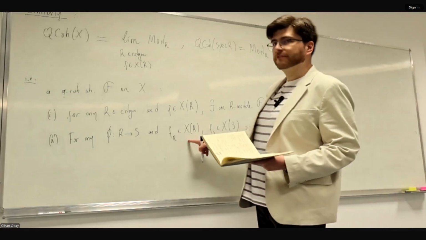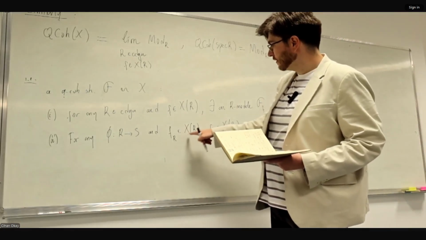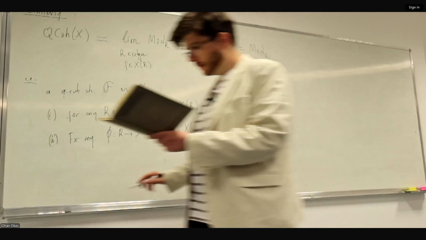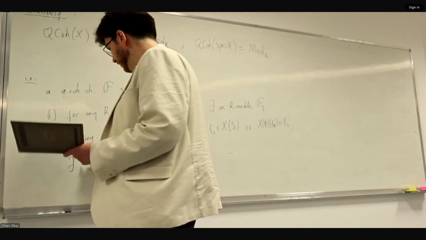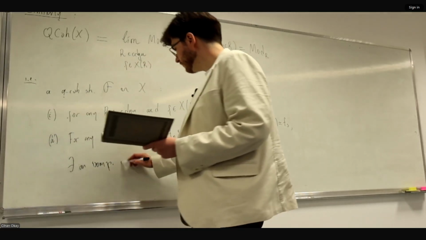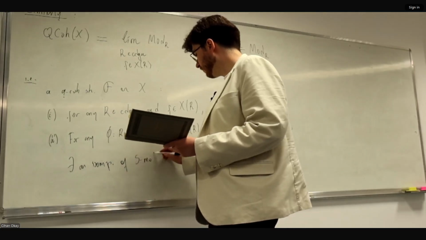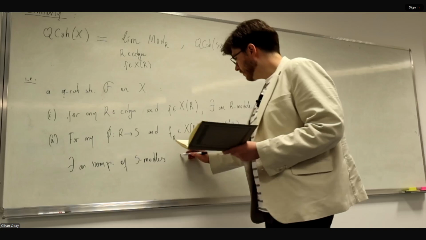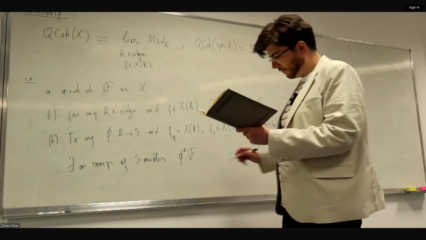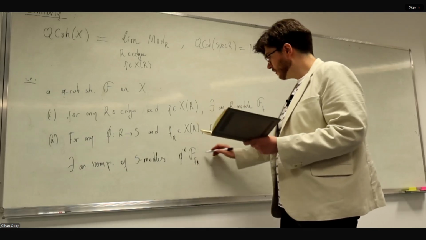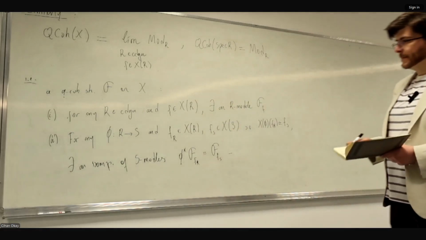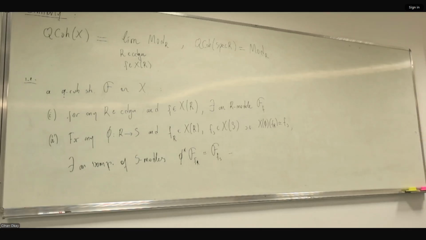Remember, X is like a functor, so you should consider this thing as a functor acting on objects and acting on morphisms. Such that there exists an isomorphism of S modules: phi pullback of F_R is like F_S. For instance, this is the second data you should expect.